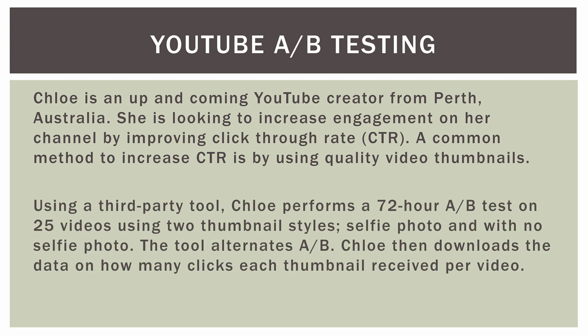So using a third-party tool, Chloe performs a 72-hour A/B test on 25 videos using two thumbnail styles, one with a selfie photo or her face on it, and one with no selfie photo, like mine. The tool alternates A, B, A, B as the videos are served up. Chloe then downloads the data on how many clicks each thumbnail received per video.